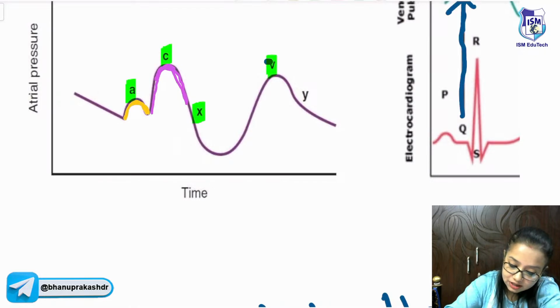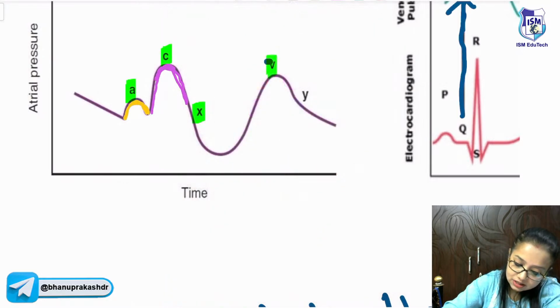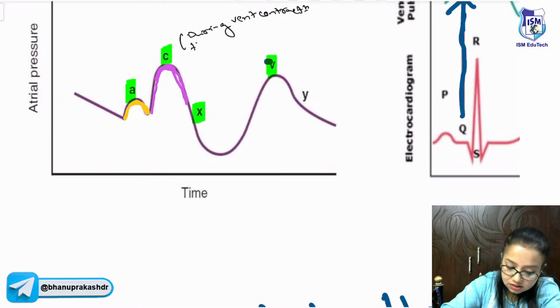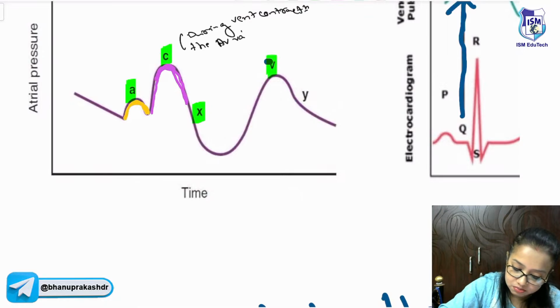So here, what actually happens in the C wave during ventricular contraction is, because the ventricle is contracting, the AV valve bulges out and pushes on atria.